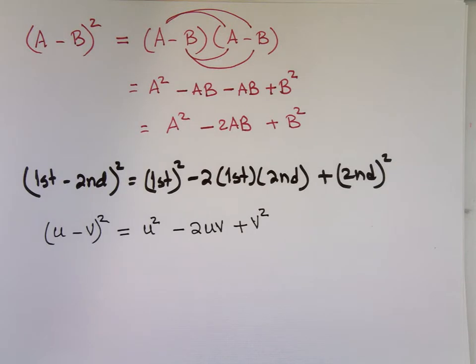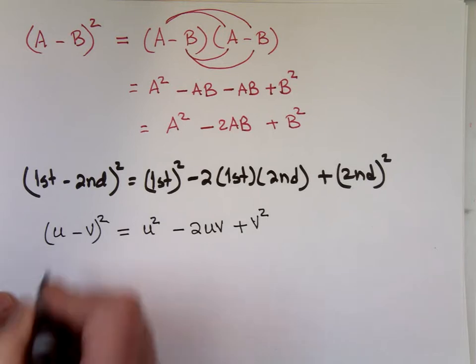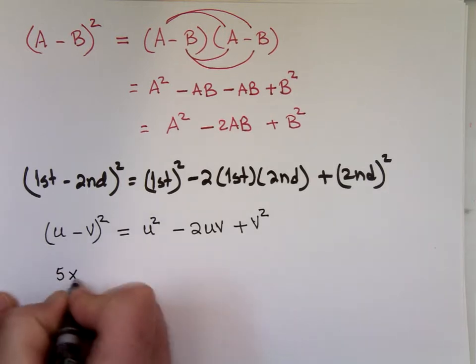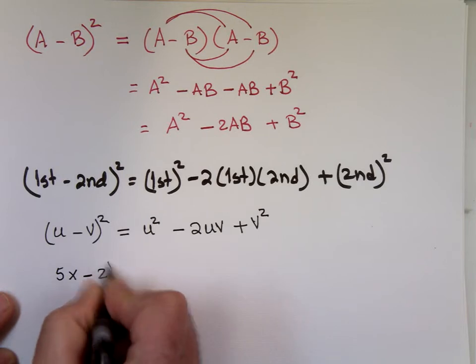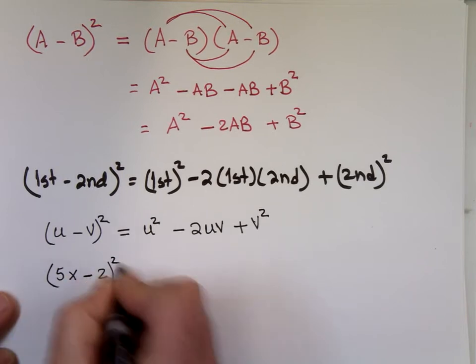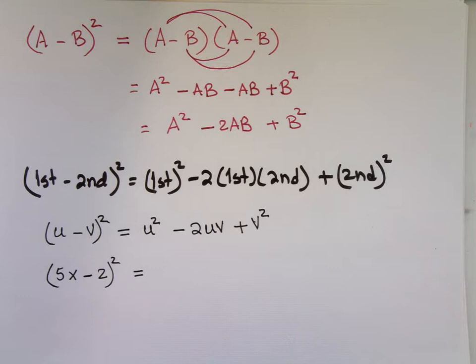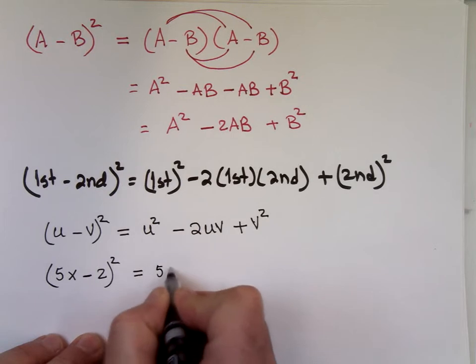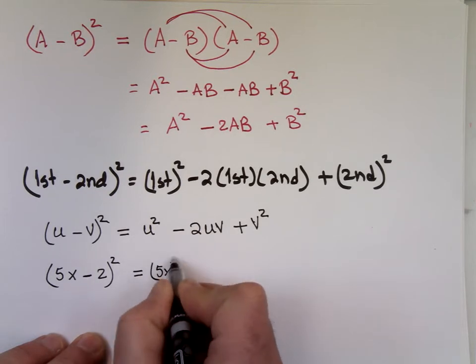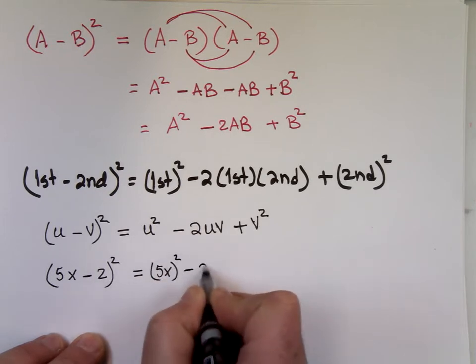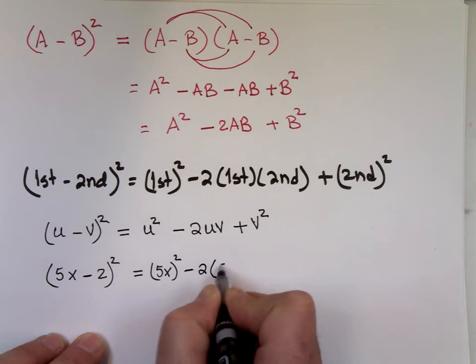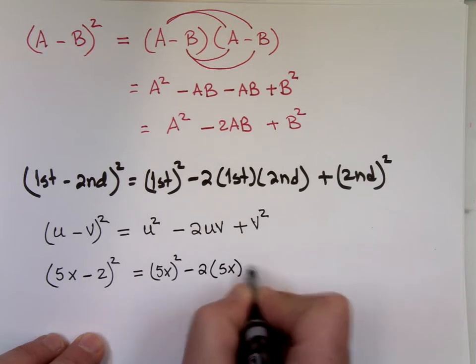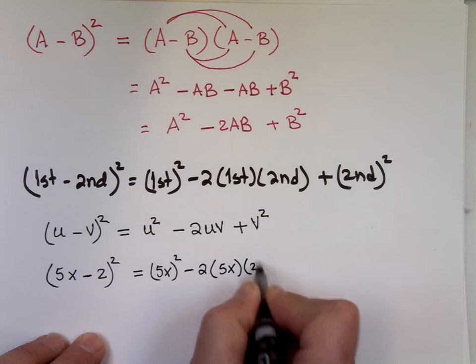If I have 5x minus 2 squared, square the first. 5x, we'll just do them in two steps, minus 2 times the first, 5x, and the second, 2.